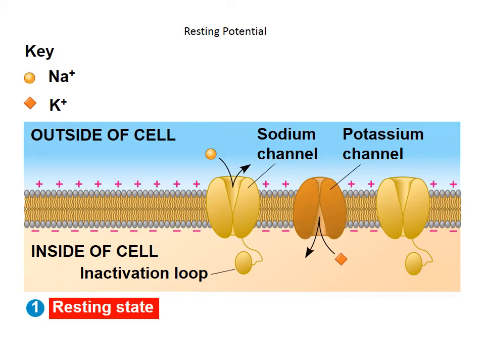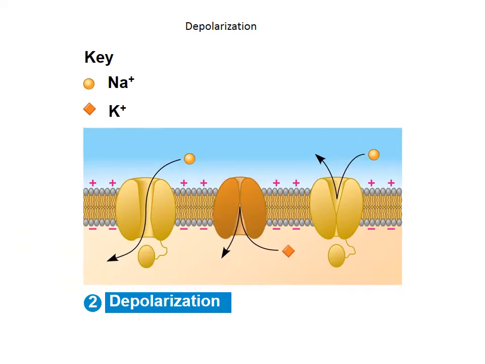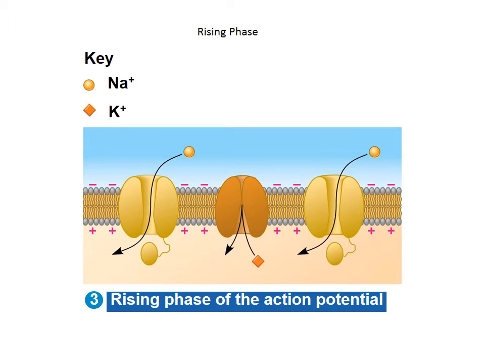So you can see the inside of the cell in resting state, and then you can see the same idea in depolarization. Notice that the sodium channels are now open. And then in the rising phase of the action potential, you'll see a lot more sodium channels open. Potassium channels are still closed.